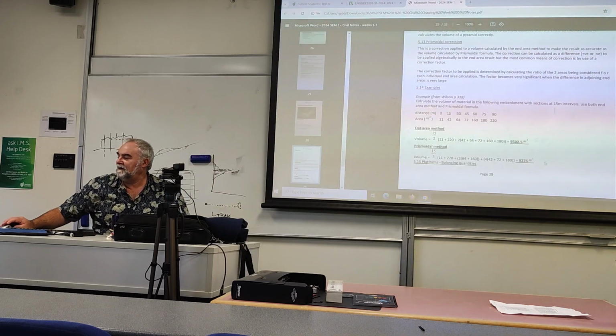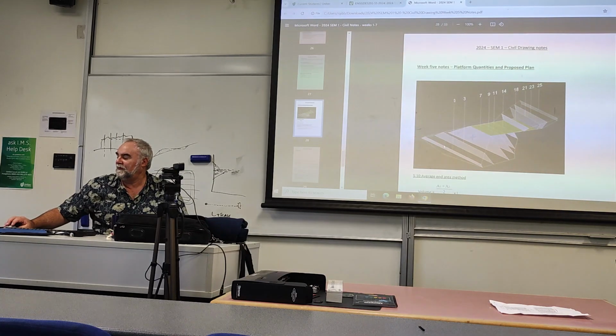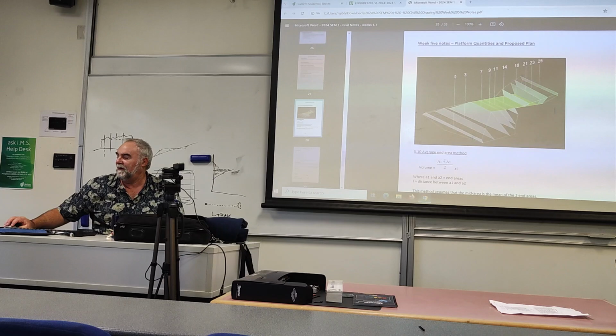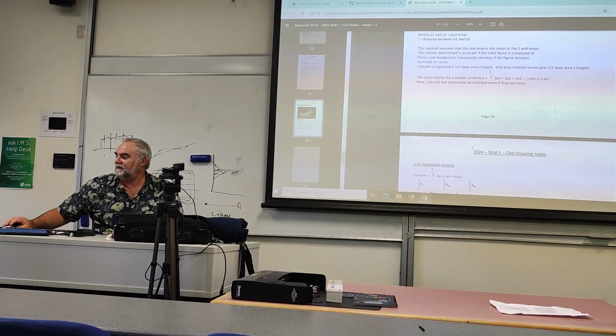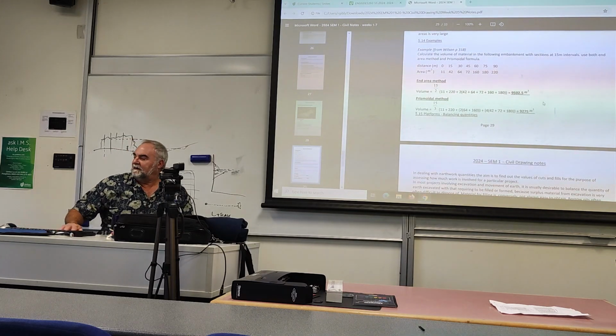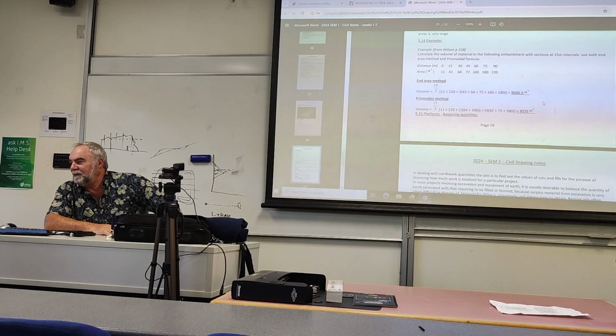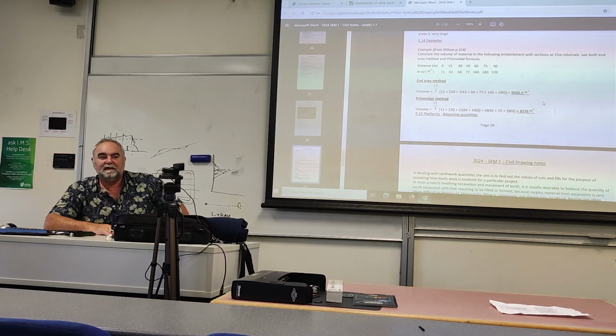To give you a bit of an idea, this method here that we were talking about, A1 plus A2 divided by 2, just using that method on this example gave us 905 cubic metres, whereas the prismoidal method, which was a lot more accurate, gave us 9275. So that's a difference of about 225 cubic metres.